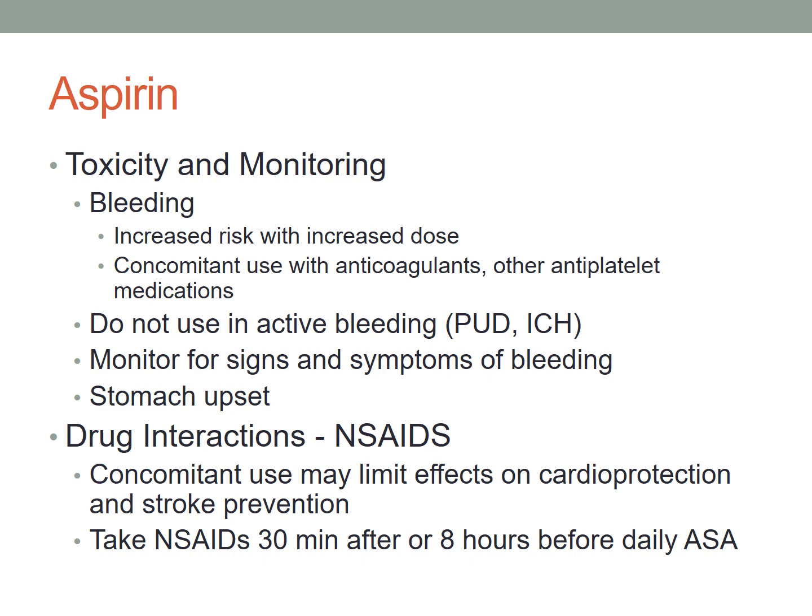So you also don't want to use aspirin in active bleeding, so patients with peptic ulcer disease or intracranial hemorrhage, and you want to monitor for signs and symptoms of bleeding with aspirin use. Stomach upset is also a potential side effect.